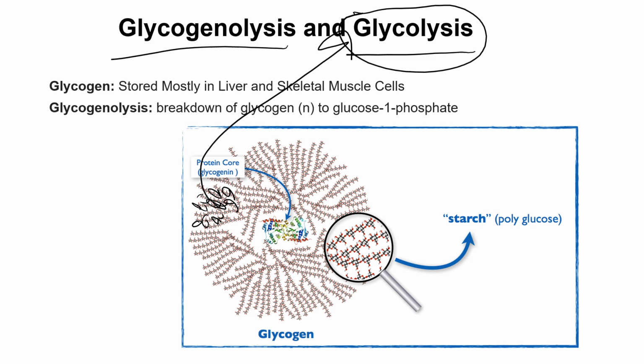So in part one of this series, we're going to take a look specifically at glycogenolysis. How is glycogenolysis initiated? How is it initiated, from what circumstances, and why? And we're going to focus on skeletal muscle cells, and we're going to use exercise as a means to explain it.